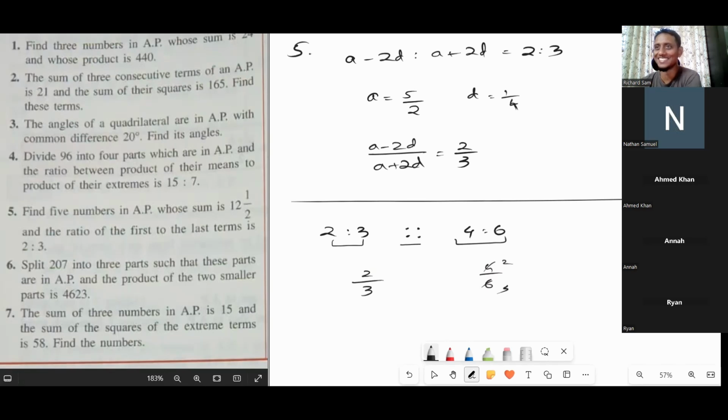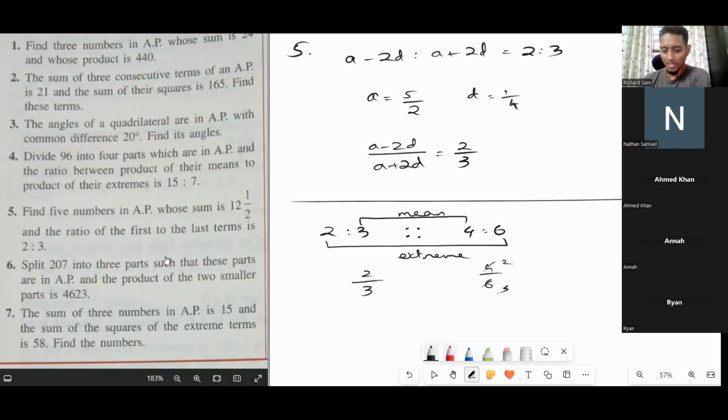Anyway, in this proportionality, the 3 and the 4 are called the means, and the 2 and 6 are called the extremes. You understood what's mean and what's extreme?